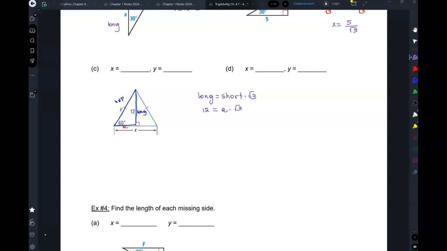Now, how do we find A? Divide by root 3. So 12 over root 3 is A. Okay, great. But we don't even want A. How does X relate to A? It's 2 times. X is 2 times 12 over root 3. Remember, this is over 1. So X is 24 over root 3. Okay.